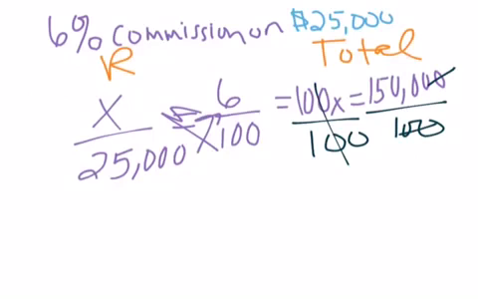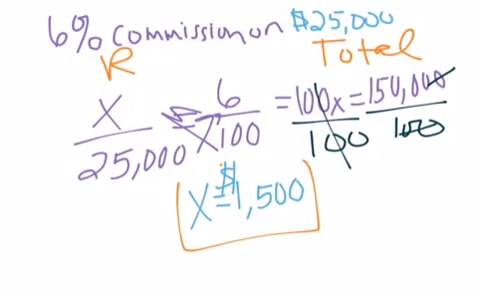So it looks like x is going to equal 1,500. So if I sold something for $25,000 and I had a commission rate of 6%, I would take home $1,500. That's pretty cool.